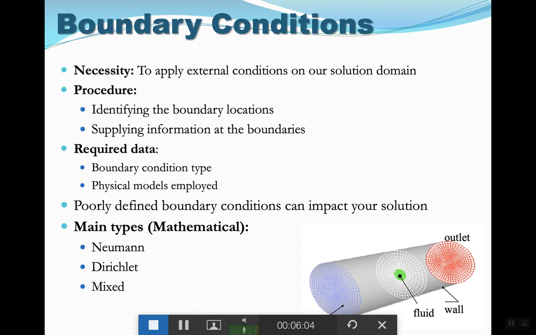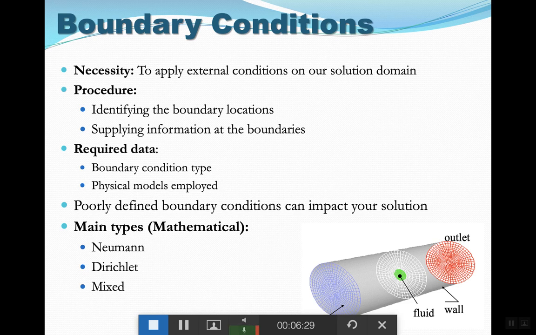Whatever equations I'm solving, I have to provide the corresponding boundary conditions for them. And remember, poorly defined boundary conditions can greatly impact your solution. So always and always remember this.